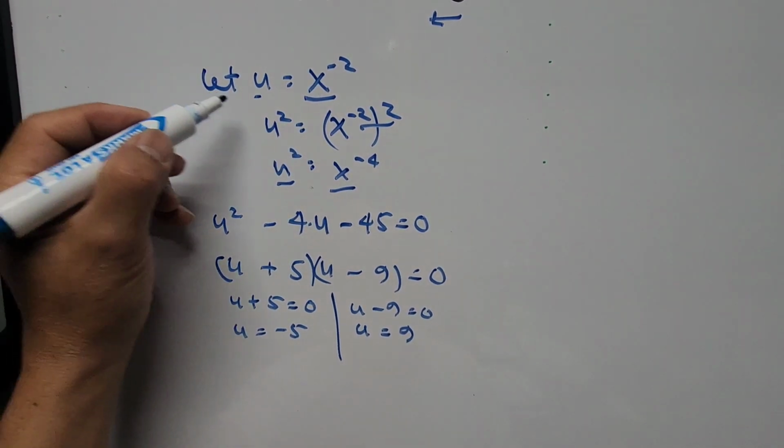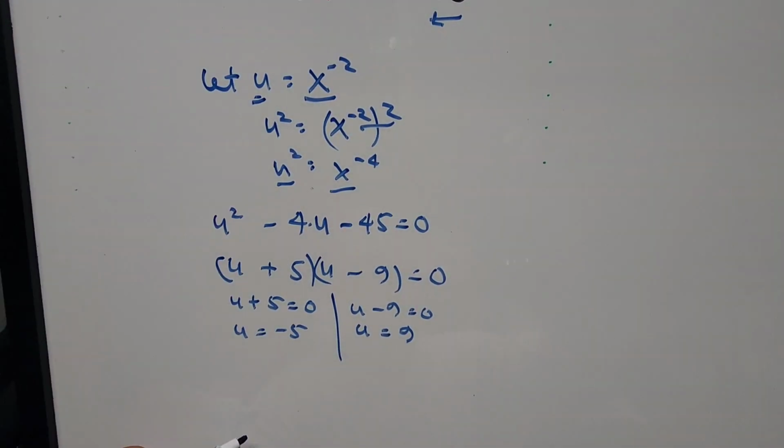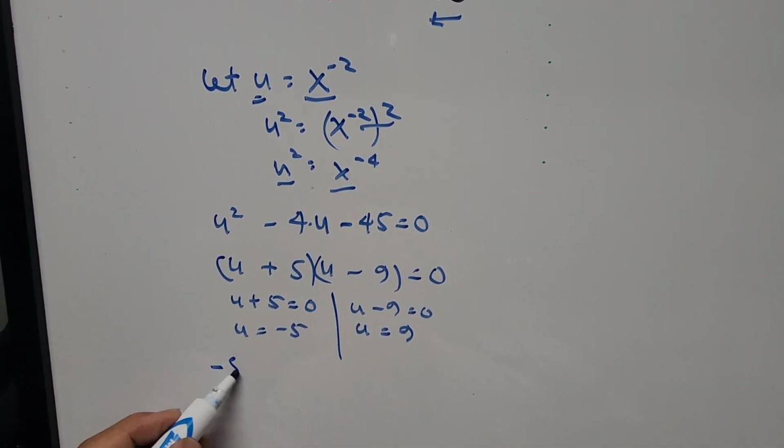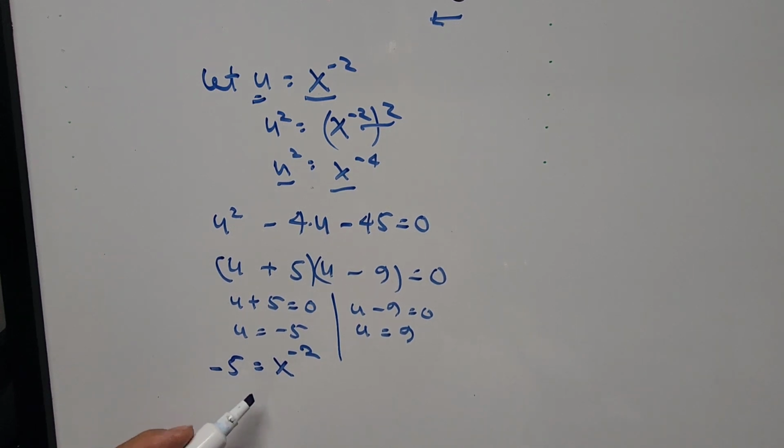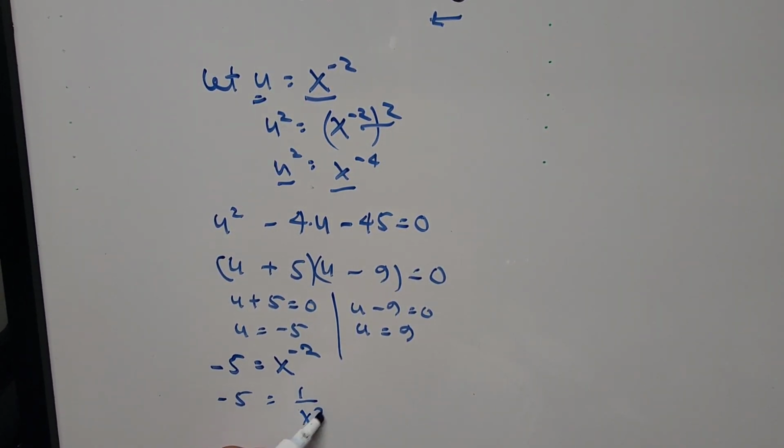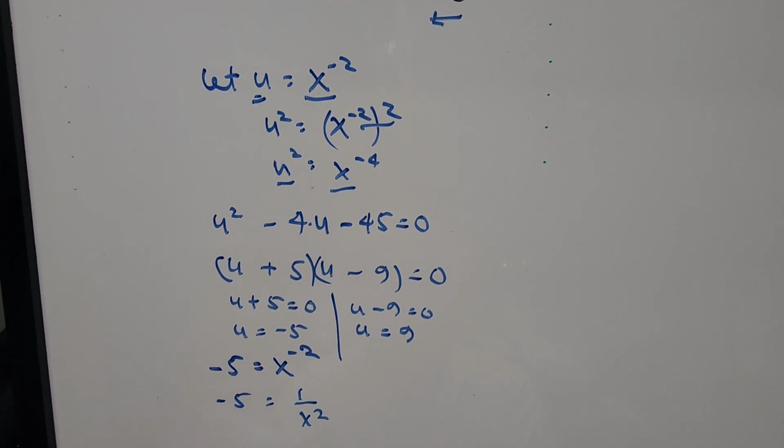And so negative 5 is equal to x to the power of negative 2. Simplifying our equation, negative 5 is equal to 1 over x squared. Doing the reciprocal on both sides of the equation, we have x squared is equal to negative 1 over 5.